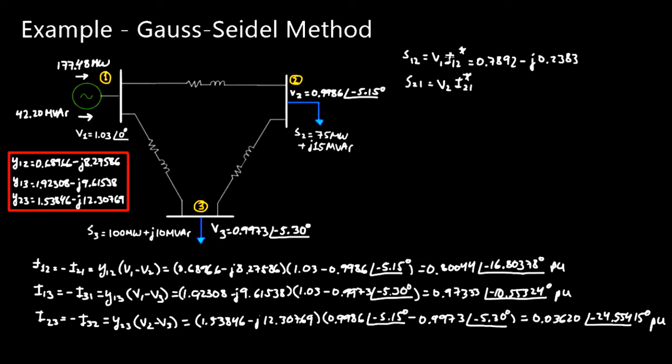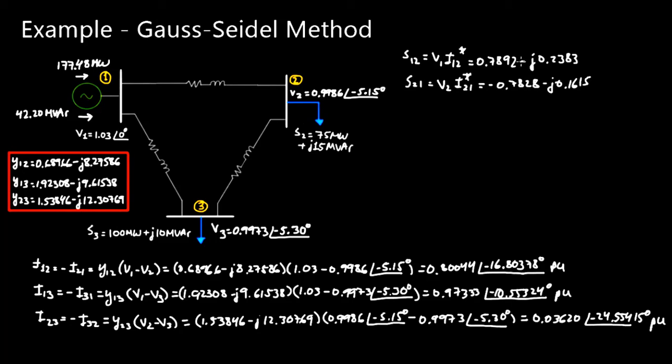We got minus I21 equal to this, so you have to take the opposite of that and then multiply by V2 to get S21. If you calculate that, you get that S21 is equal to minus 0.7828 minus j0.1615. Actually, just notice over here this should have been a plus sign.